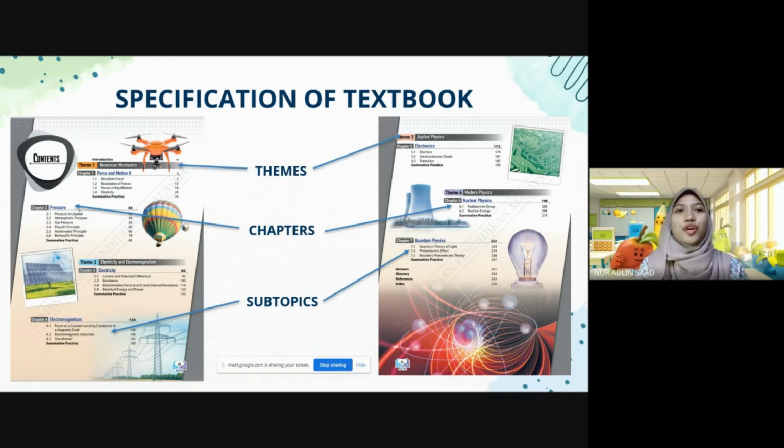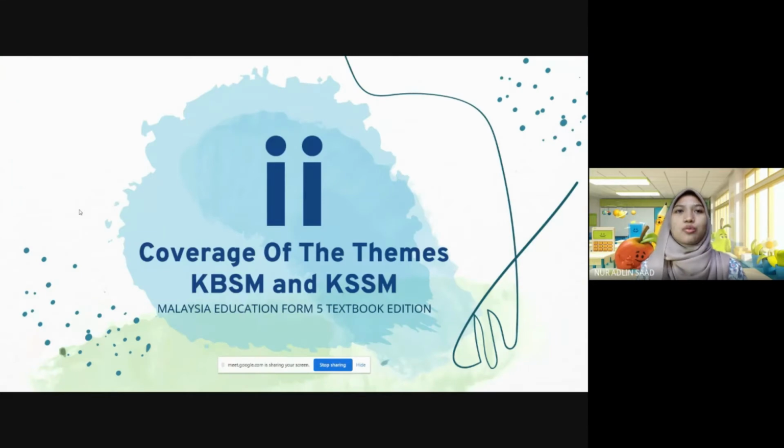So, we move on to the next slide, which is the coverage of the theme KBSM and KSSM Malaysia Education Form 5 Textbook Edition. So, I think all of you are confused between KBSM and KSSM. Alright, so here I am to clarify your confusion between KBSM and KSSM.